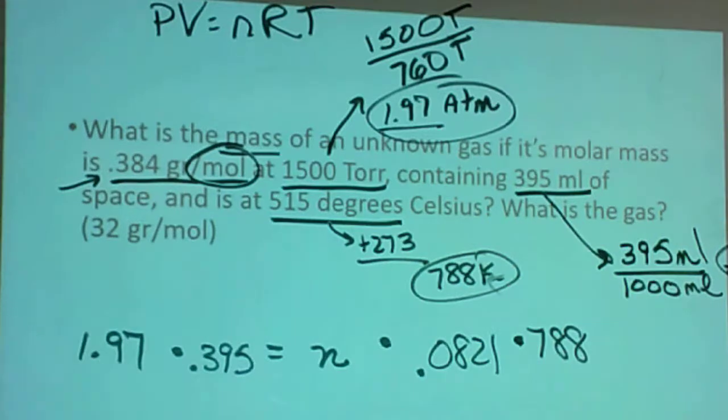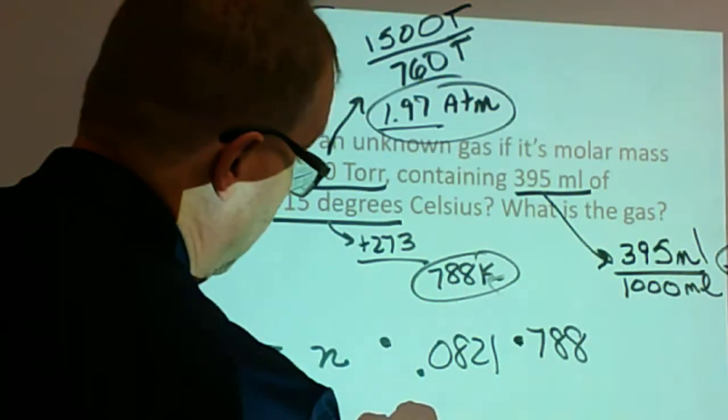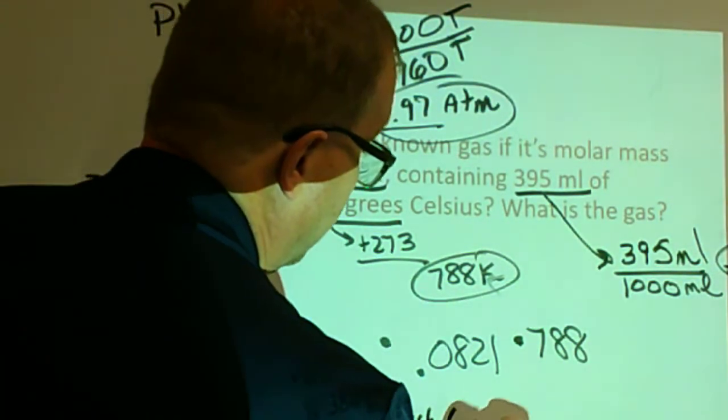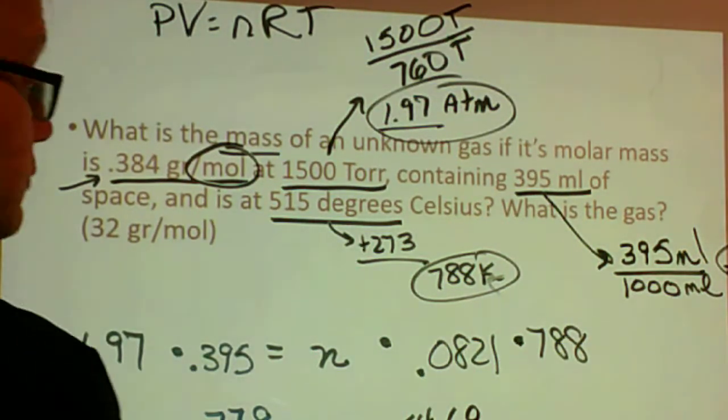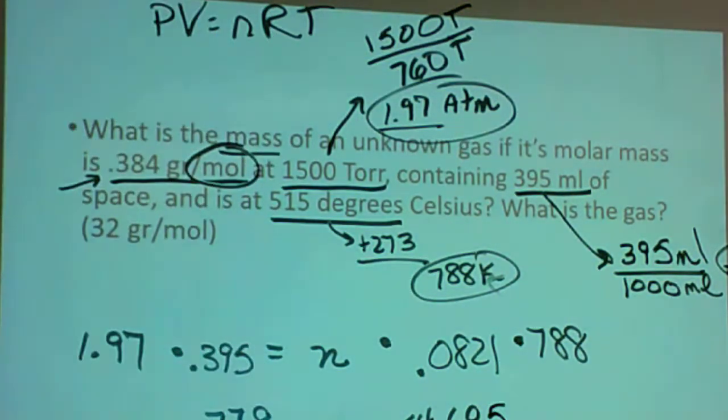We're going to solve, so I'm just going to go 1.97 times 0.395, and I got 0.778. And then on the other side, I got 0.0821 times 788, which is 64.69. I won't worry about the rounding, but if you want to be a little bit more specific, we can put a 5 there.